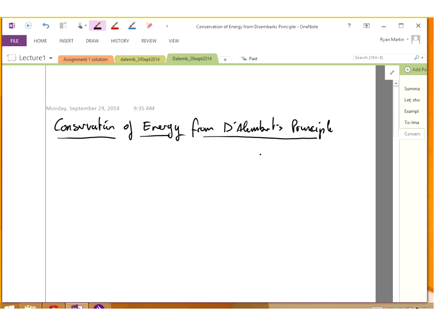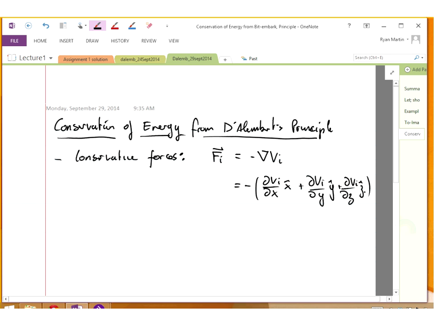So our applied forces Fi will be given by the gradient of some potential Vi, which means they can be written in the form of minus di Vi by di x for the x hat component, plus di Vi by di y times the y component, plus di Vi by di z for the z component. Okay, so let's consider only the case of conservative forces.